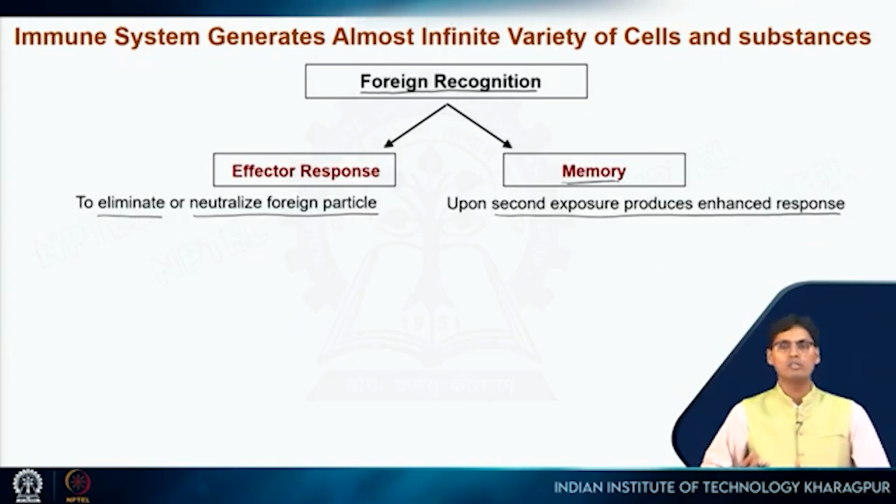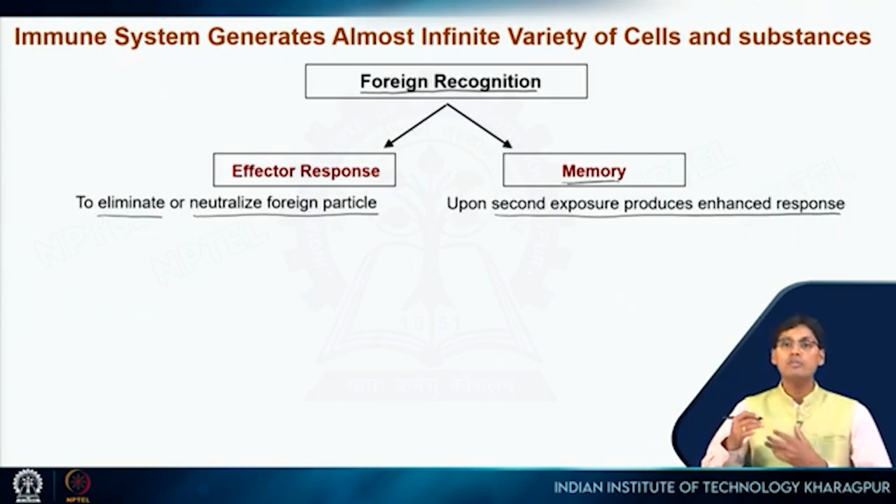I am fine now. But after 6 months or 1 year later, if I get infected with the same virus or the same bacteria, my immune system will act very fast against that particular pathogen. And that time, I shouldn't have any symptoms. This is because of the memory.